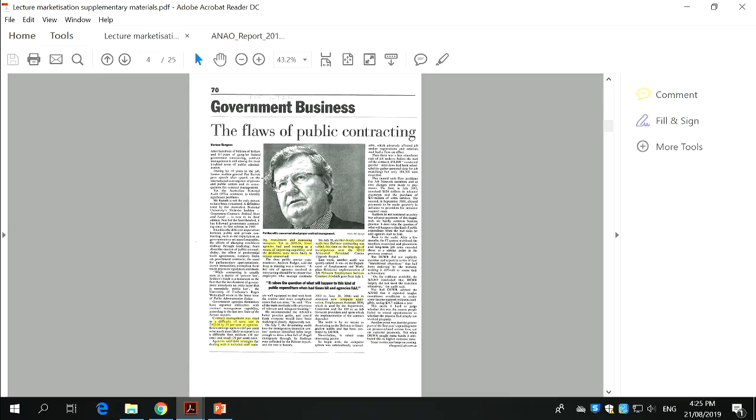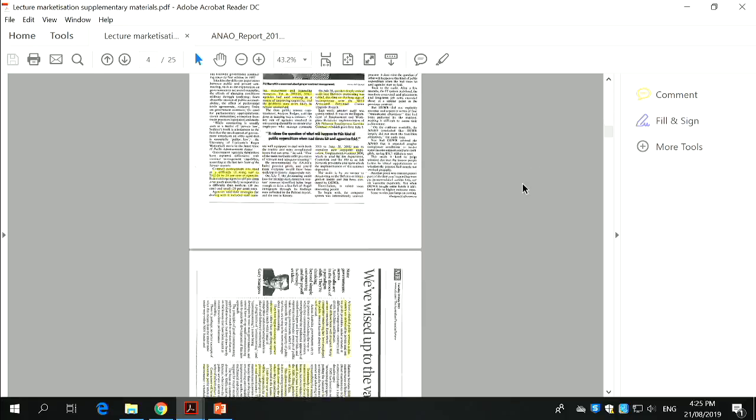Talking about the flaws of public contracting, because all these outsourcing contracts require contract management, and actually some of the government staff, public sector officials, may not have that kind of expertise in contract management. So it requires staff training, etc., in order to be able to manage the contract.